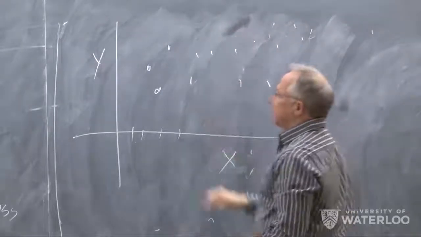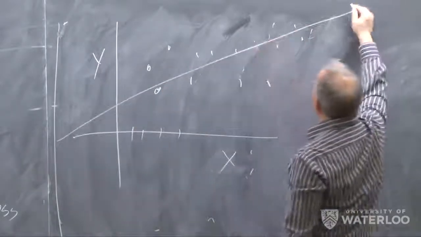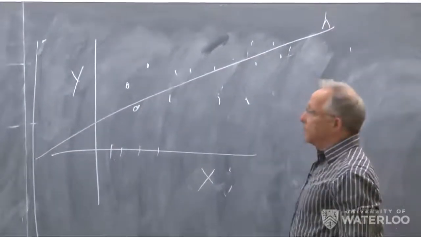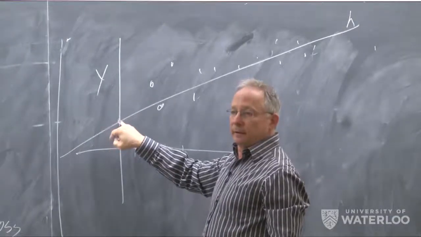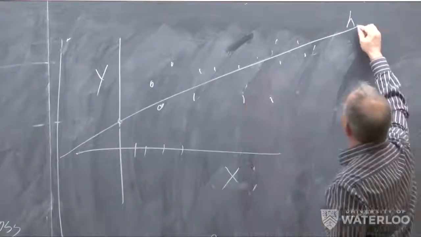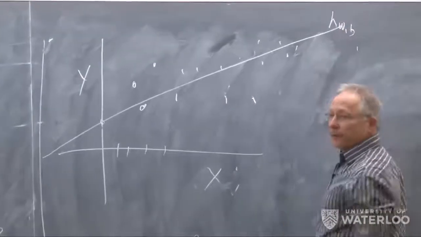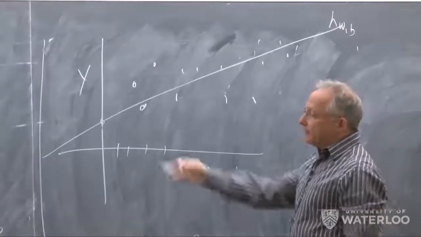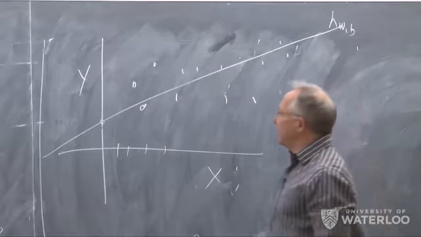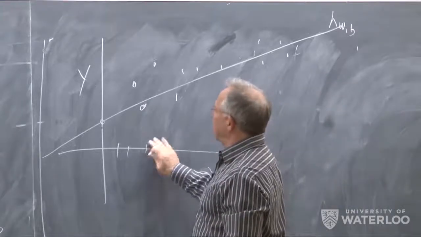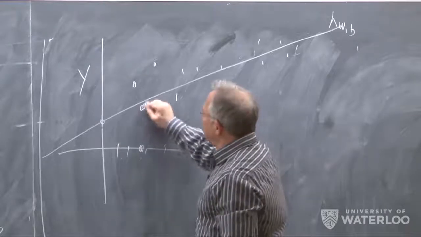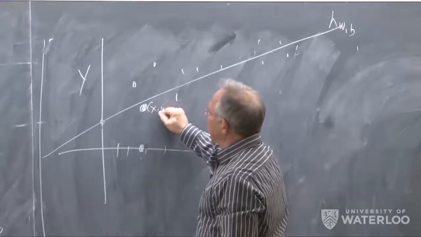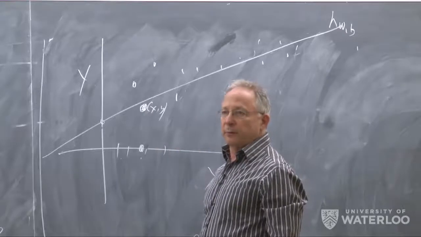My hypothesis is some line h, determined by some slope w and the b here. And for every point, what do I look for in the loss? If I have a point of the form x, y, what is the loss of this point?